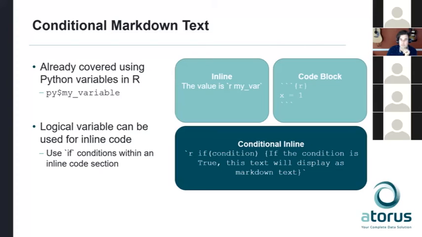So if that condition that you gave it is true, it's the only time it's going to write that out. If it's false, it's not going to write that out. If you only wanted to write it out when it's false, the syntax in R for false is just the exclamation point followed by the variable. So if you wanted to do the opposite, you can say if, and then instead of condition in there, you can do exclamation point condition, and it'll only do it when the condition is false.